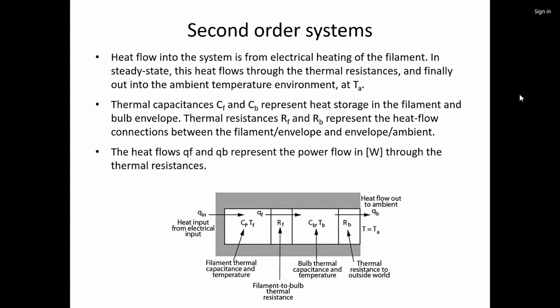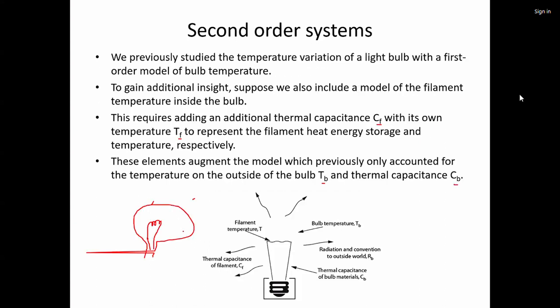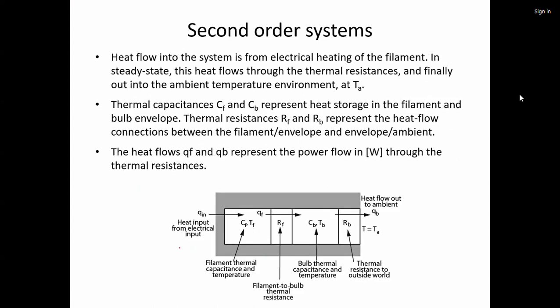Essentially, you can construct a thermal model of this system. The electrical energy that is coming is being converted to thermal energy in the filament. So you have heat input from the electrical heating coming to the filament surface.